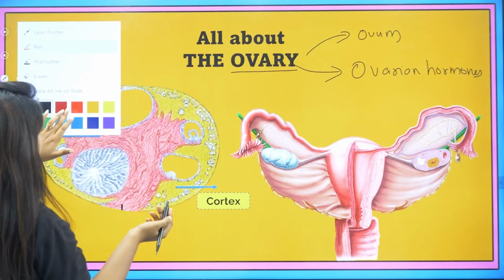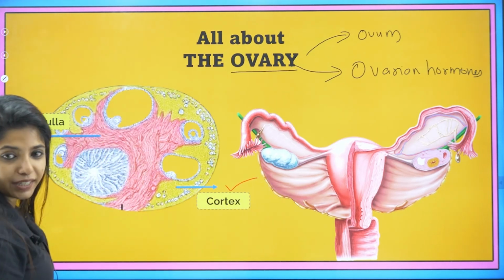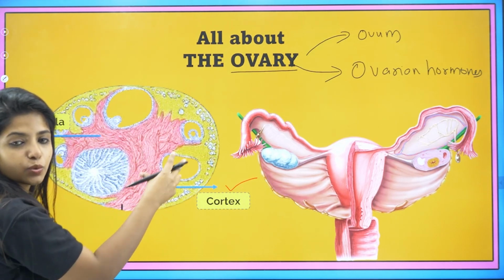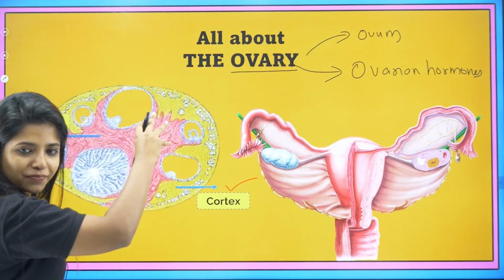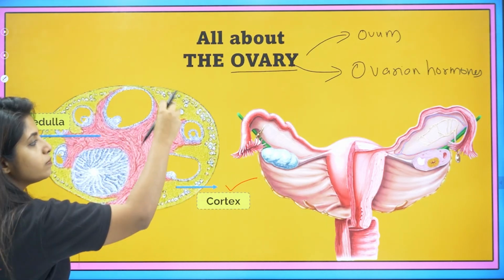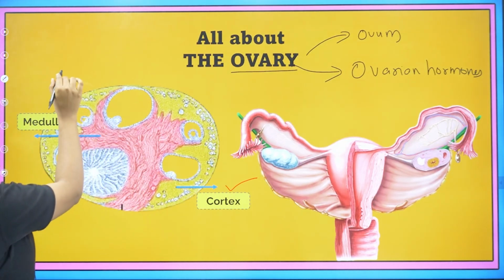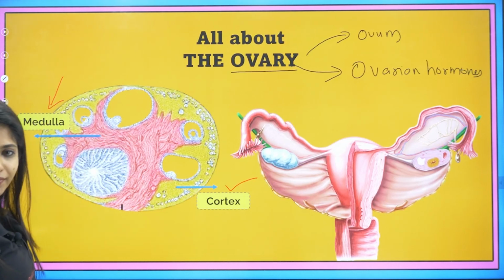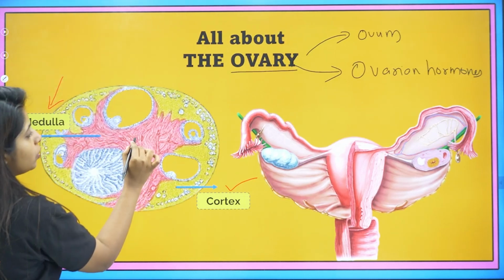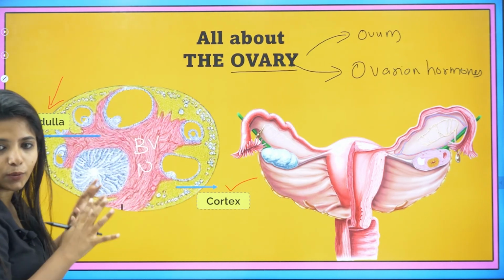This outer region is known as the cortex, where the egg is being formed properly and there are so many cycles involved. Then you have an inner region known as the medulla. What do you call it? Medulla. What is there in the medulla? In the medulla you have the blood vessels, the nerves and everything.